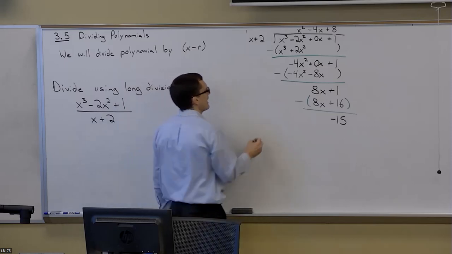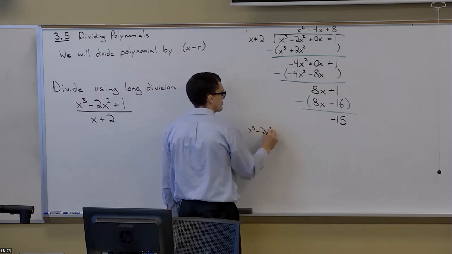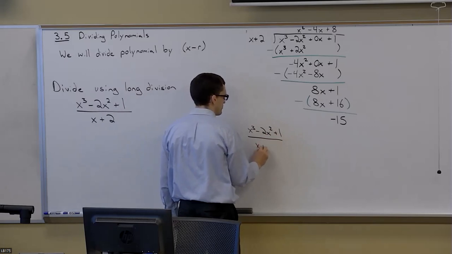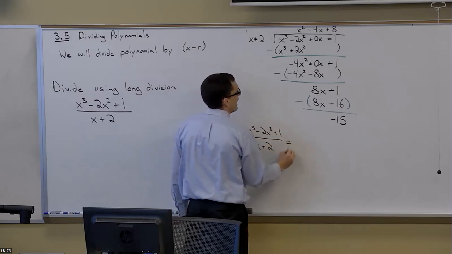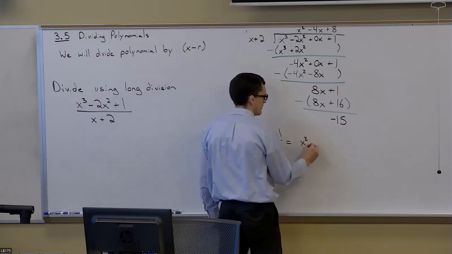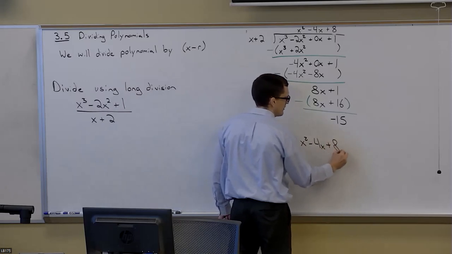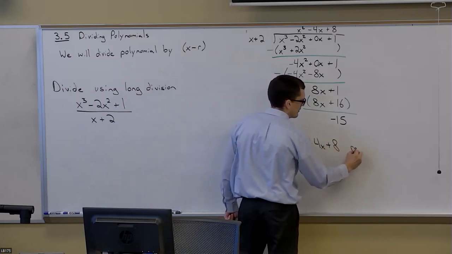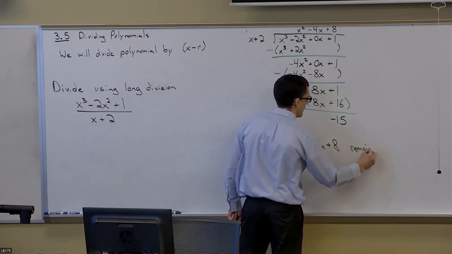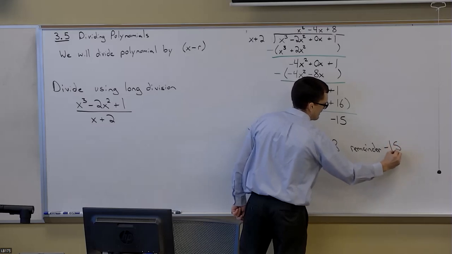So what we're saying is that if we take x to the third minus 2x squared plus 1 and divide it by x plus 2, I end up with the polynomial x squared minus 4x plus 8 with remainder of negative 15.